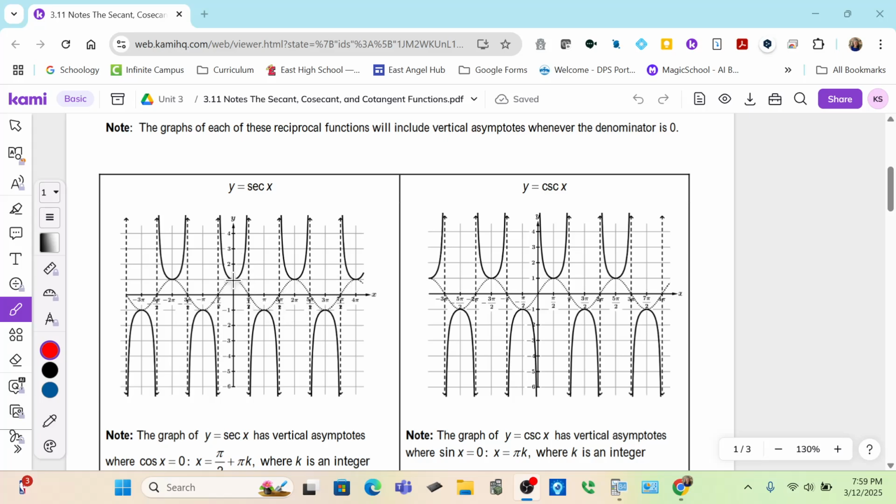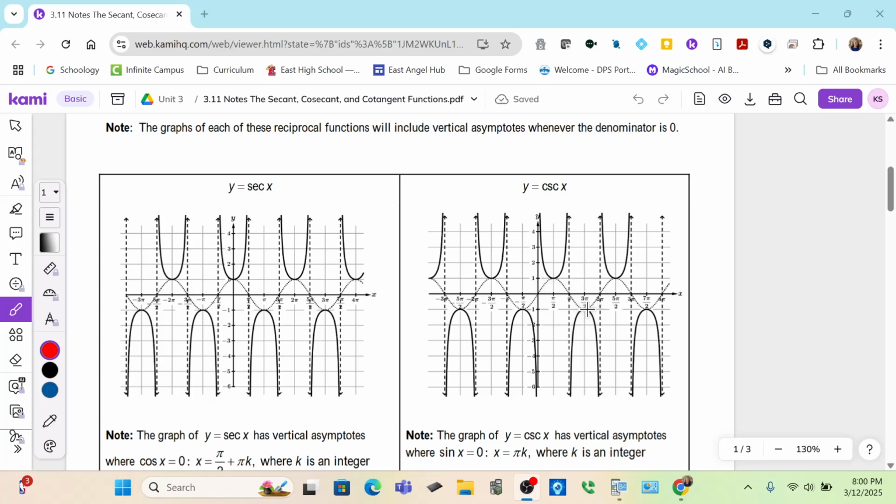So when I hit a maximum, I'm actually going to have a concave up curve. When I'm at a minimum of my cosine, its reciprocal is going to be a concave down curve. And you'll notice that at the points where the cosine curve intersects the x-axis is where we have our vertical asymptotes.